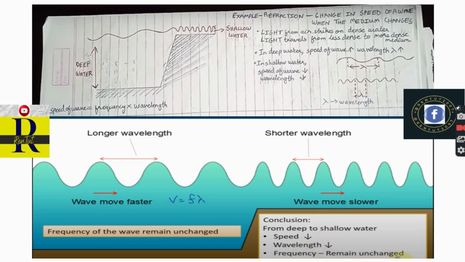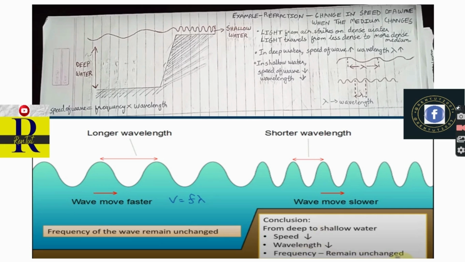Why is it faster in deep water? Because the frequency and lambda are greater. That is why the waves move faster in deep water, and the waves move slower in shallow water. Why? Because in shallow water the frequency is less and the lambda is also less. So frequency and lambda are directly proportional. If frequency decreases, lambda will automatically decrease.